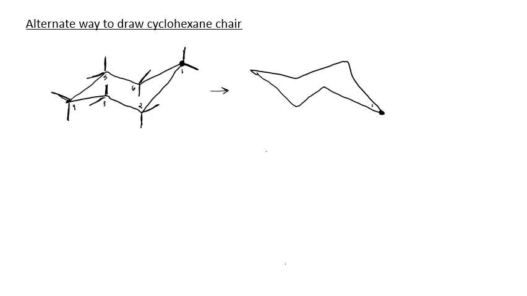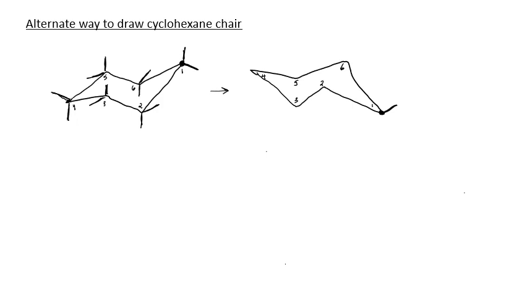Here's carbon 1, 2, 3, 4, 5, and 6. And all we have to do is put our substituents in. I always start with the tip that's pointing down. We know that on the tip that's pointing down, your axial always has to go down, and your equatorial is going out. Now we just alternate.